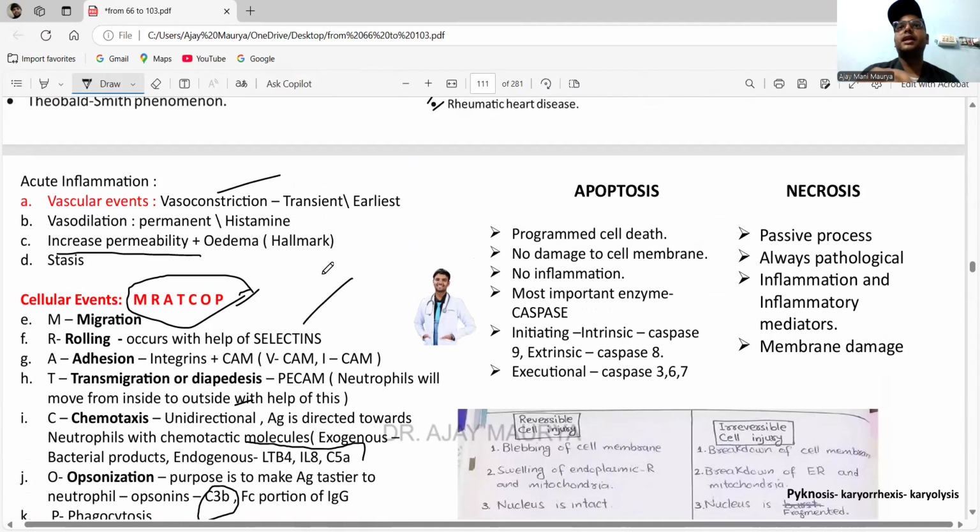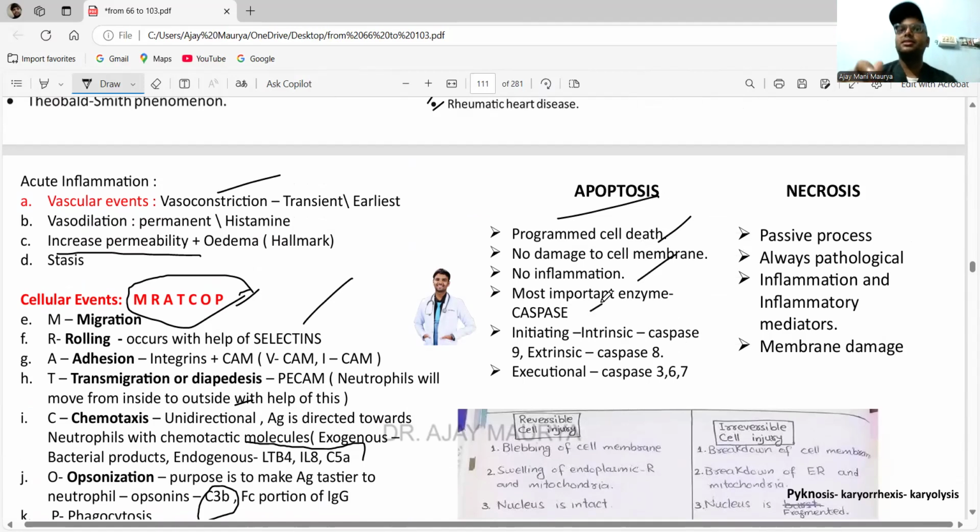Next is apoptosis versus necrosis. What is apoptosis? It is like a hanging case. There is no inflammation; it is programmed cell death. There is no damage to the cell membrane. The most important enzyme is caspase.